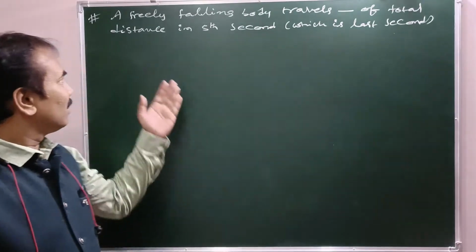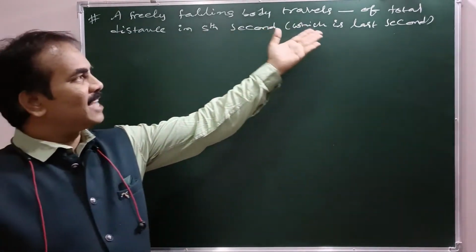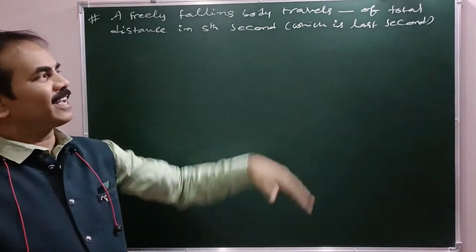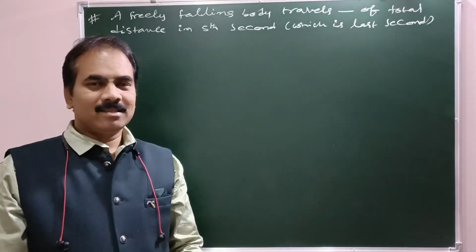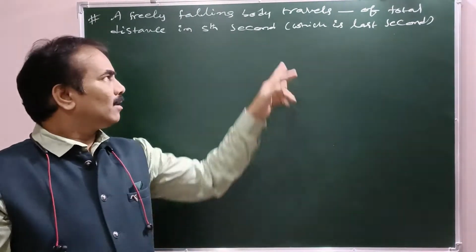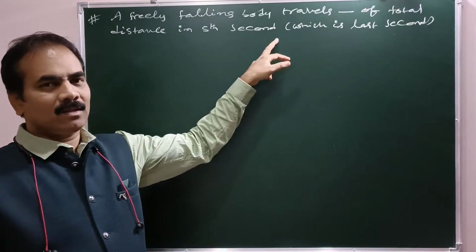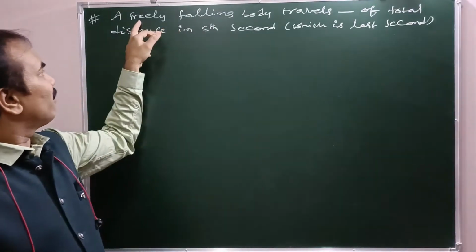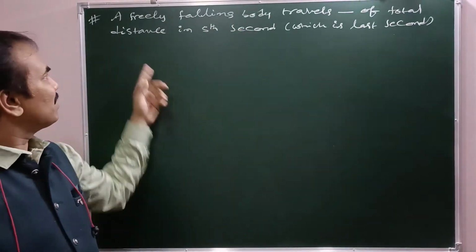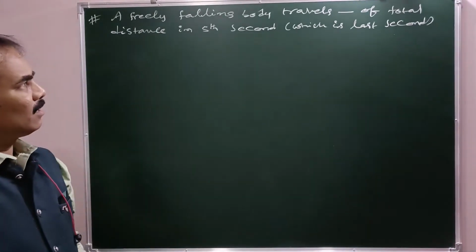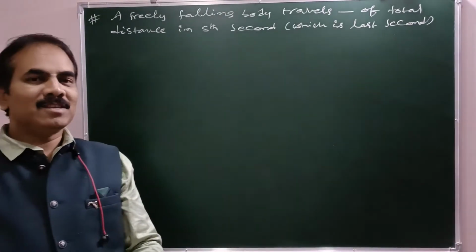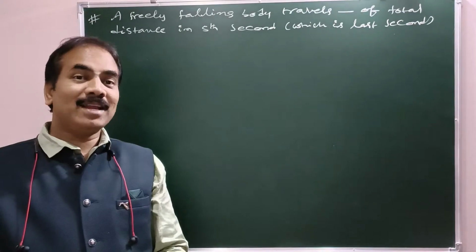This time: a freely falling body travels a dash of its total distance in the 5th second, which is the last second. See, the total time of journey is how many seconds? 5 seconds. Now the 5th second. A freely falling body travels a dash of total distance in the 5th second. That is, the distance covered in the 5th second divided by the distance covered in total 5 seconds.